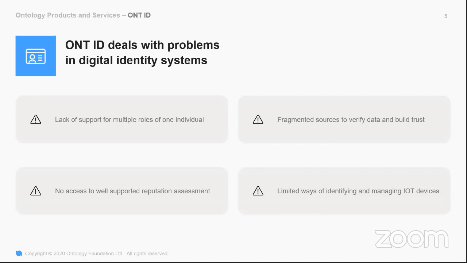In this case, we can resolve certain kinds of problems, which in most cases are the lack of support for multiple roles of one individual, and also the fragmented sources to verify data and build trust whenever we are trying to use different data, mostly across systems.